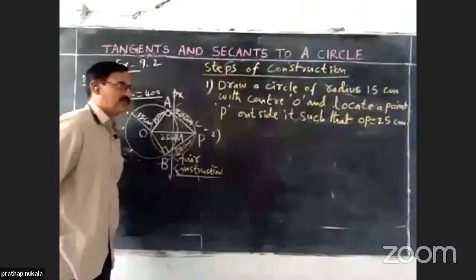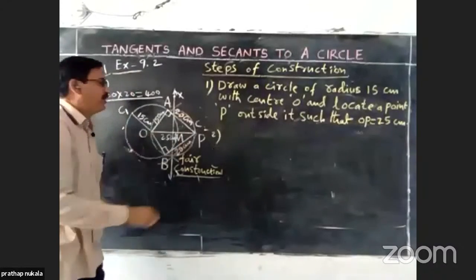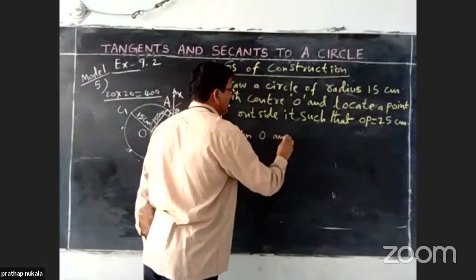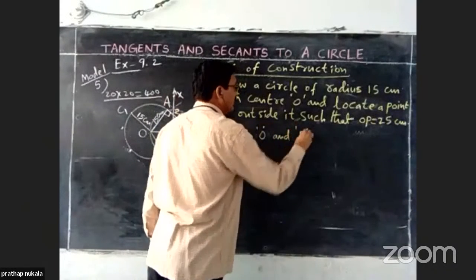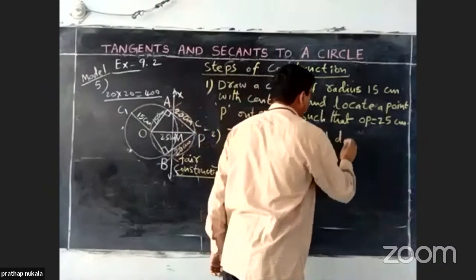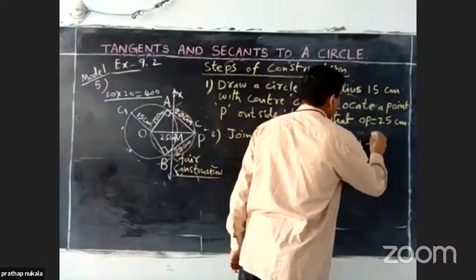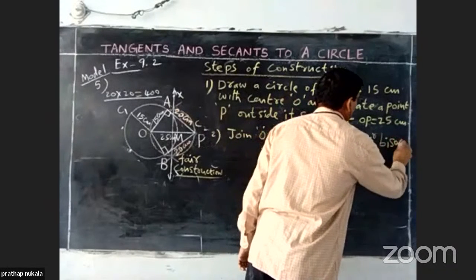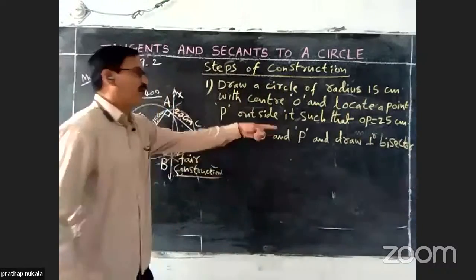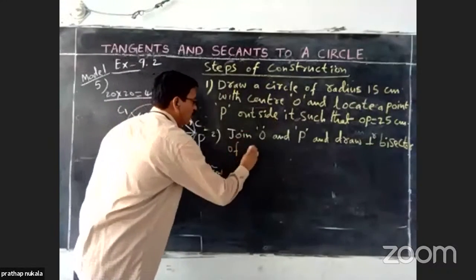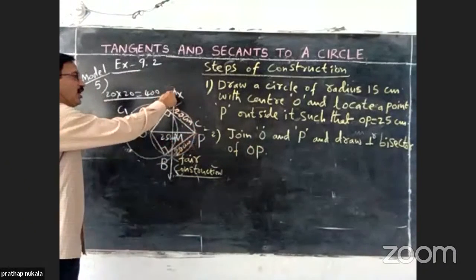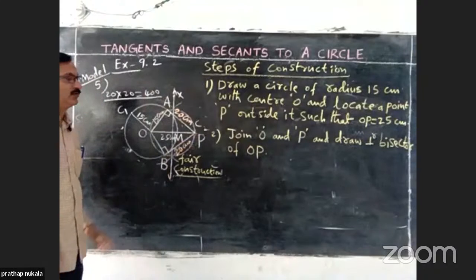Second step of construction. Then join O and P and draw the perpendicular bisector of OP. Join O and P and draw the perpendicular bisector.